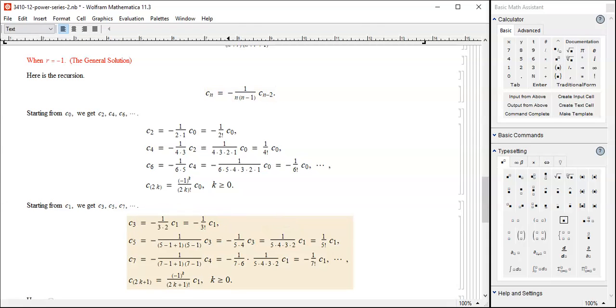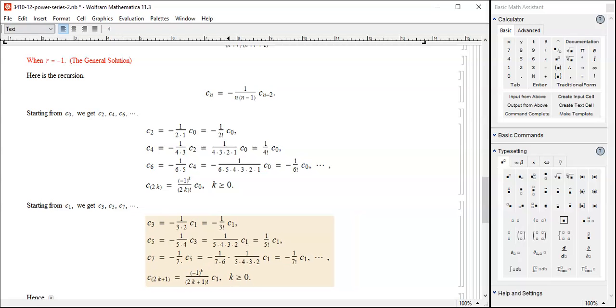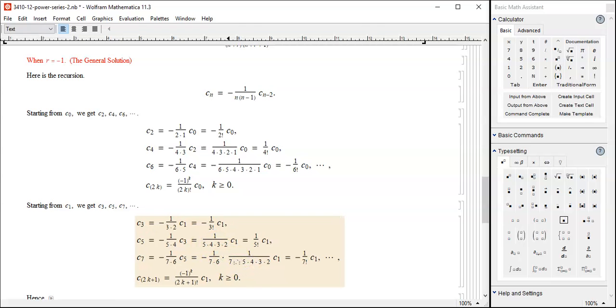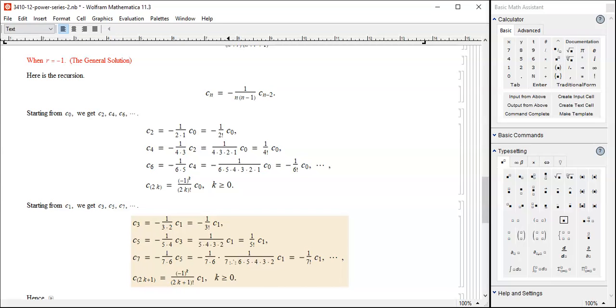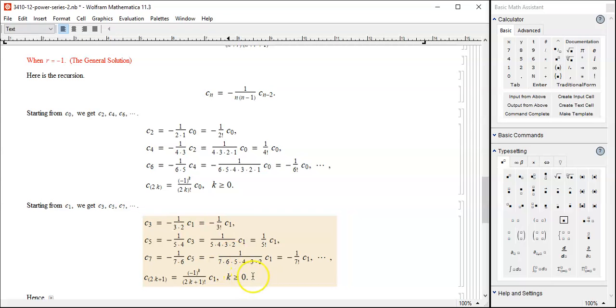So yeah, plug in 3 here, and 3 times 2, and then C5 will be determined by C3, so we get that, and C7, so that will be 7 times 6, and then that's okay, all right.